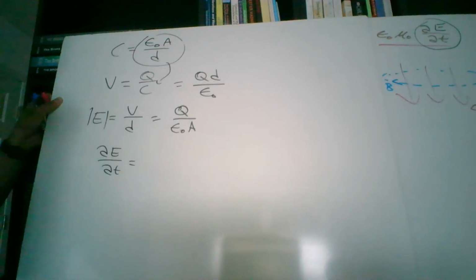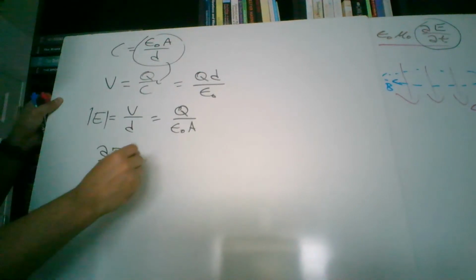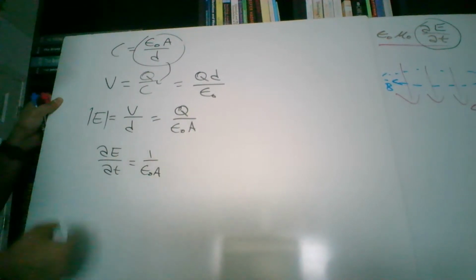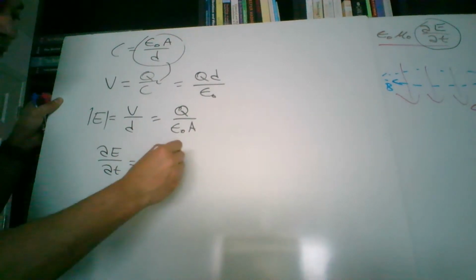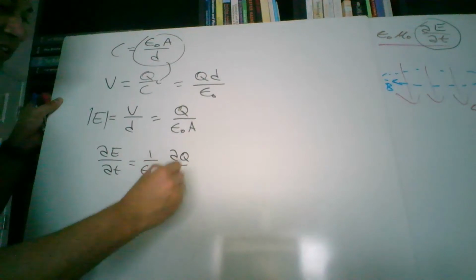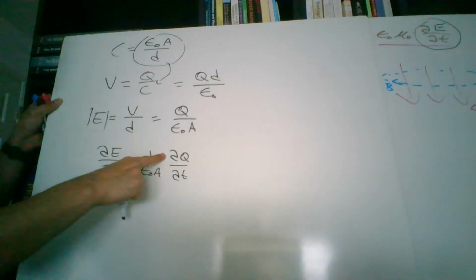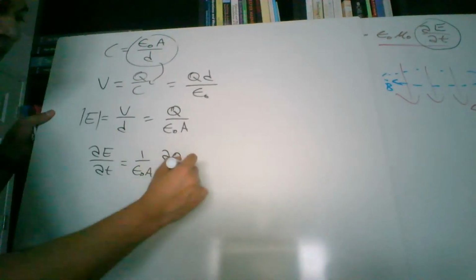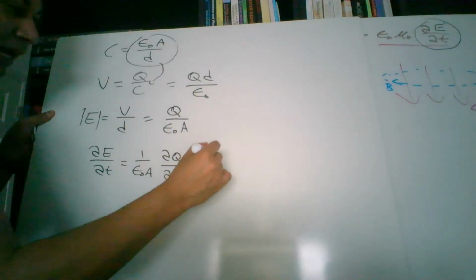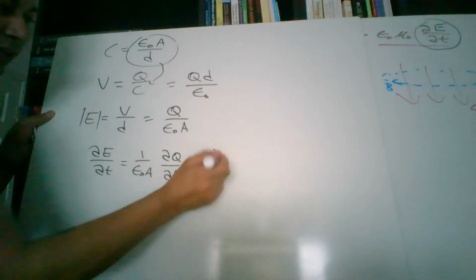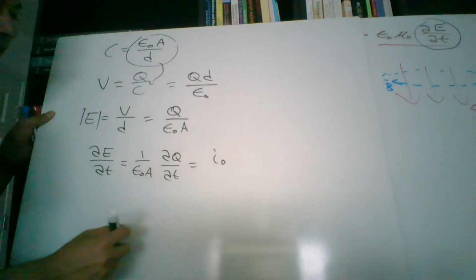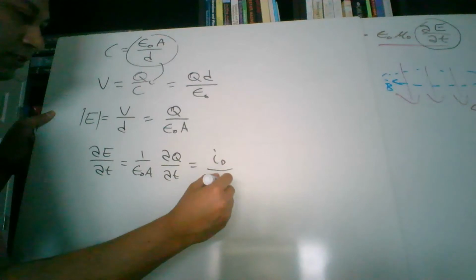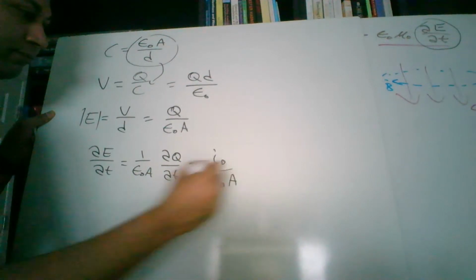I take the partial derivative of this side, and what I'm going to end up with is 1 over epsilon naught times A. Those are constants, and I get dQ over dt. And you should know that the change in Q over time is the current. So what we get is I, and I'm going to write it as I_D, divided by epsilon naught times A.